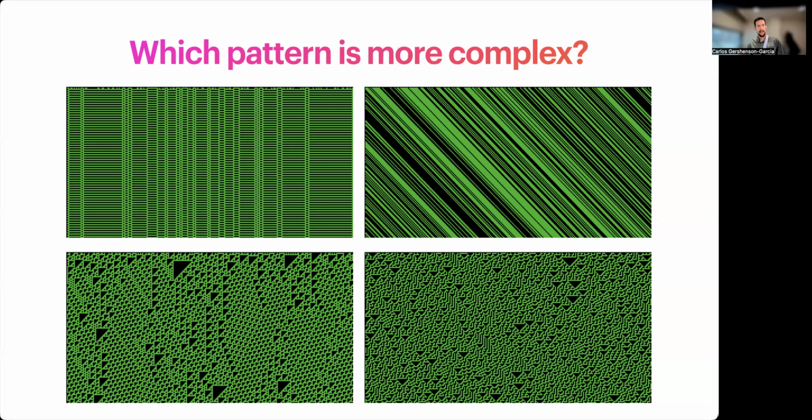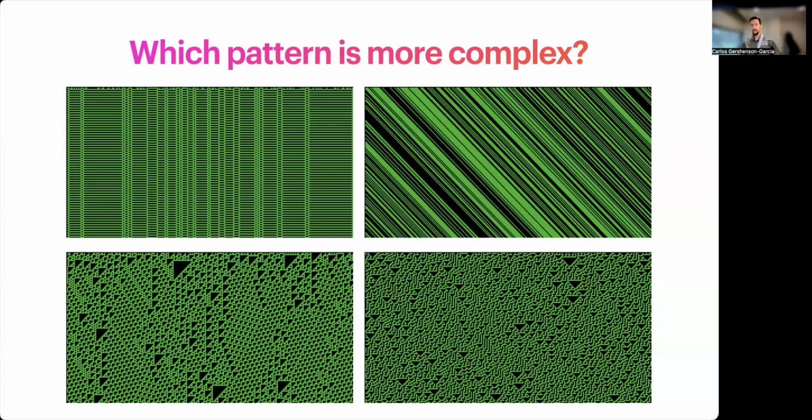On the other hand, we have some patterns that are more difficult to interpret, in the sense that they might require more information to be described, but then anyway, there are some that have a bit more regularities than others.